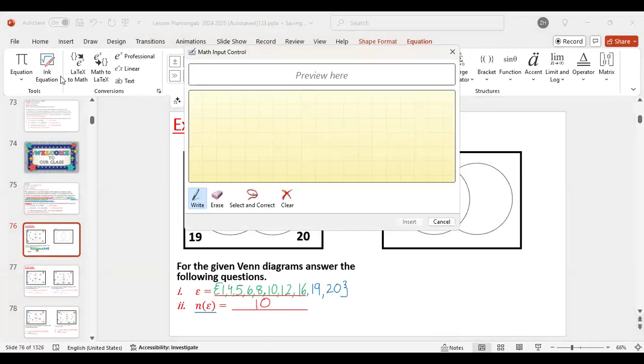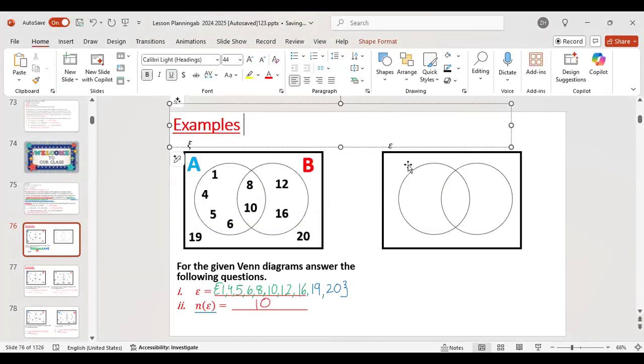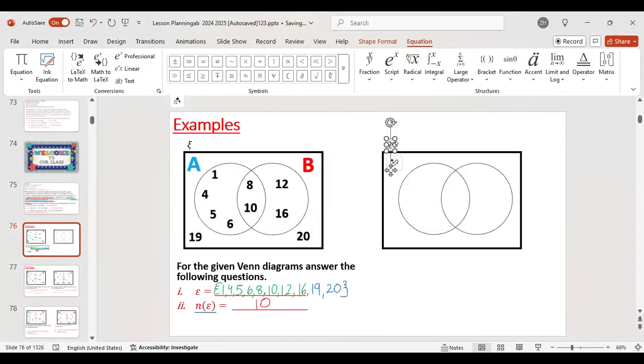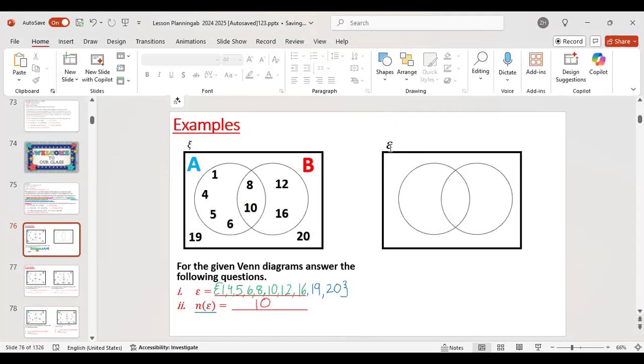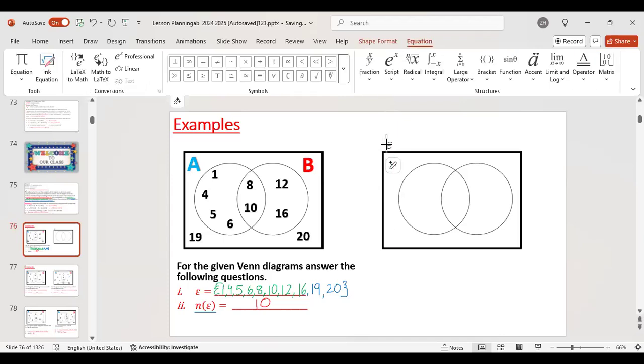So let's use epsilon instead of psi. This is another way to write the universal set. You could use psi or epsilon. Even though I like psi, in our questions we use epsilon. So let's use epsilon straight across the board.